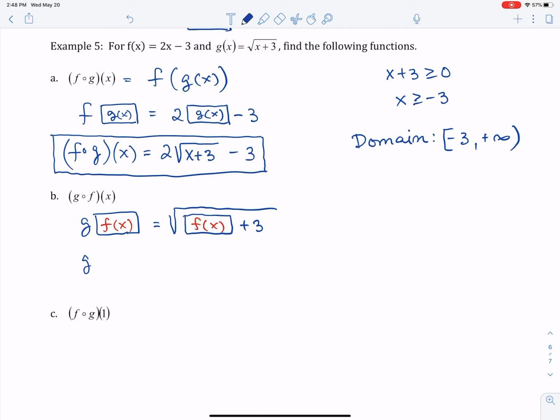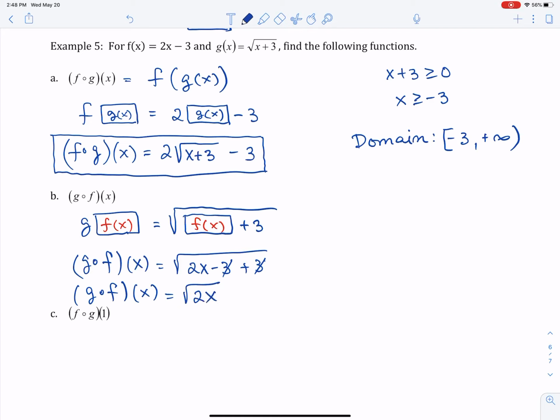So g of f of x is going to be square root. f of x is 2x minus 3. And we're going to add a 3. Well, negative 3 and 3 cancel, so g of f of x is going to be square root of 2x.